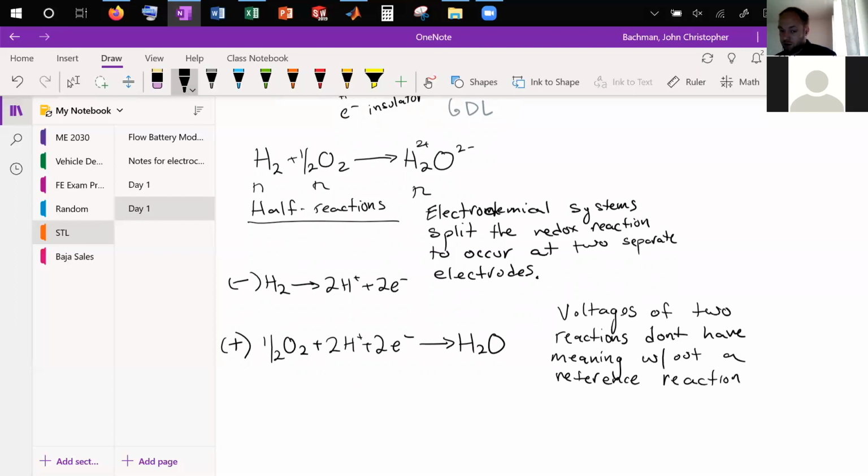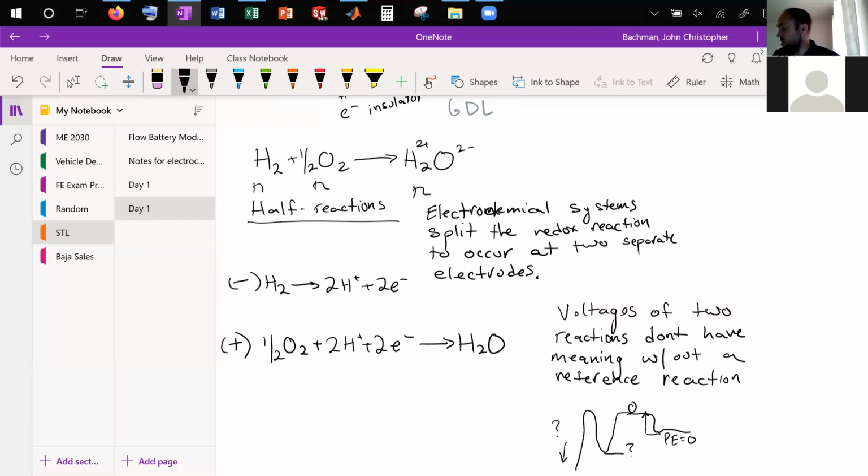It's kind of like saying you have a ball on a hill, and someone tells you what the potential energy is. Well, that potential energy doesn't really mean anything unless you know what the reference height is, right? So is this the reference where potential energy equals 0? Or is it down here?